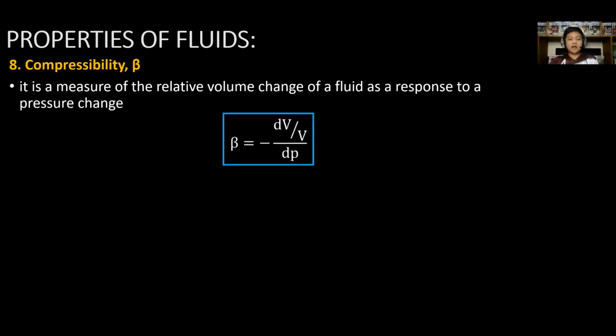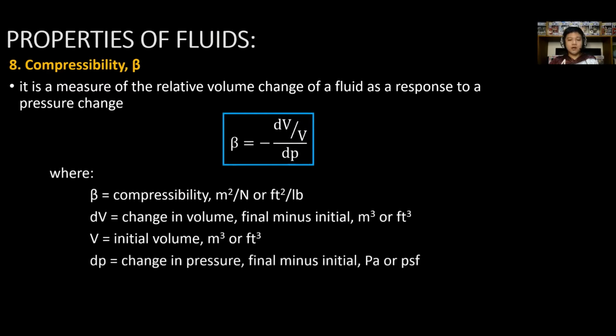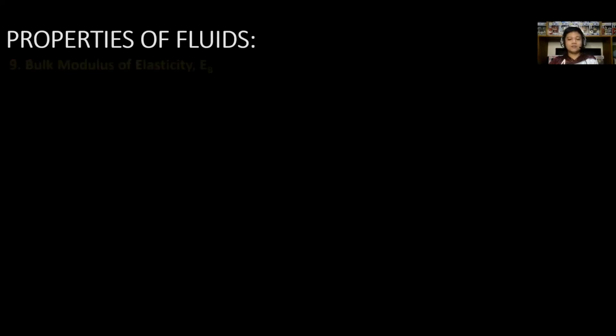And in formula, beta is equal to the negative dV, or the differential volume, all over the initial volume over dP, or the differential pressure, wherein dV is the final minus the initial value and dP is the final minus the initial pressure value.